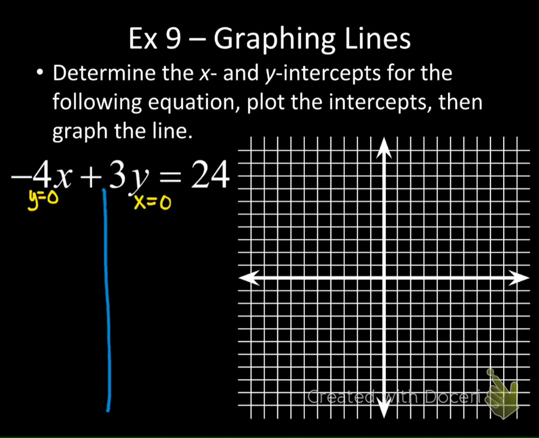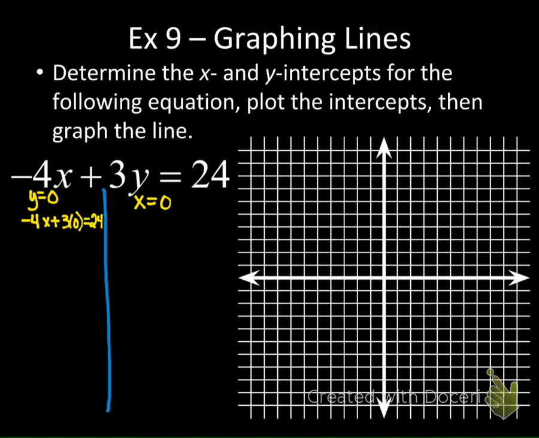Okay. So then I'm going to come back over here and solve. So for my left side, what do I substitute for? What am I saying y equals? 0. So I'm going to do negative 4x plus 3 times 0 equals 24.